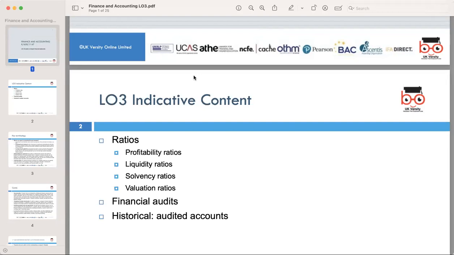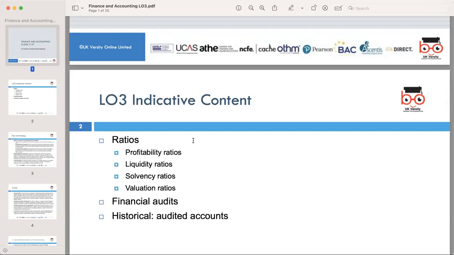Also remember to use tools like horizontal analysis, vertical analysis, and ratio analysis to interpret financial statements effectively. We will also discuss ratios.